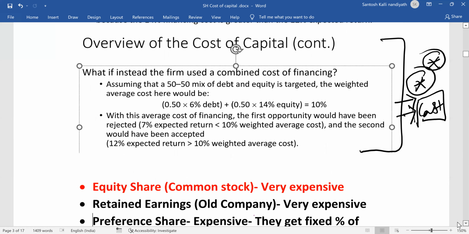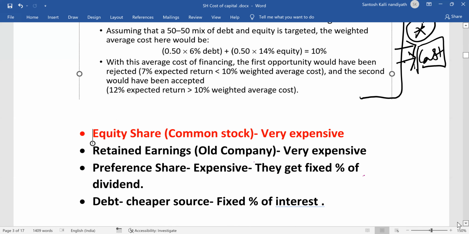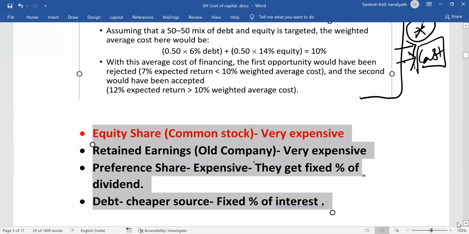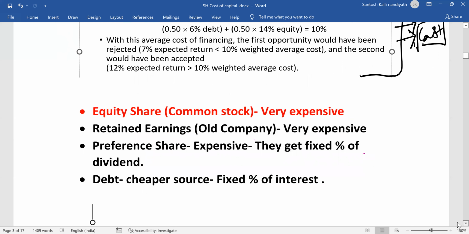Now, what I have discussed is that there are different sources of financing. I have told you which is a cheaper source. Preference is higher than debt but lesser than equity. Equity is very expensive. Then after equity, retained earning is a bit less expensive, or you can think similar.